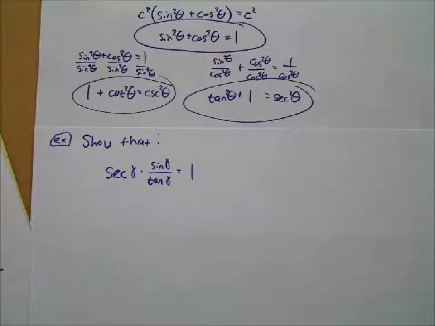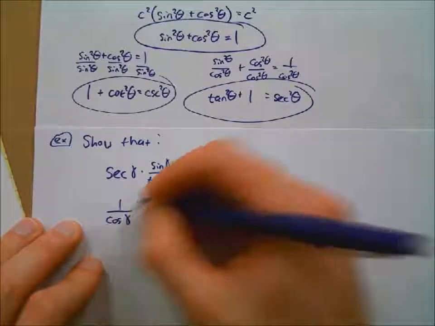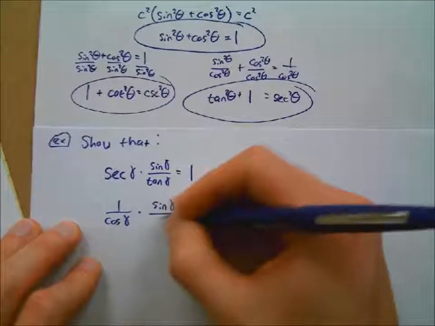Yeah, tangent can also be rewritten as cosine over sine. So exactly right. We'll rewrite the secant as 1 over cosine, leave sine, and then we'll rewrite tangent as sine over cosine. You can see now why we did the warm-up.